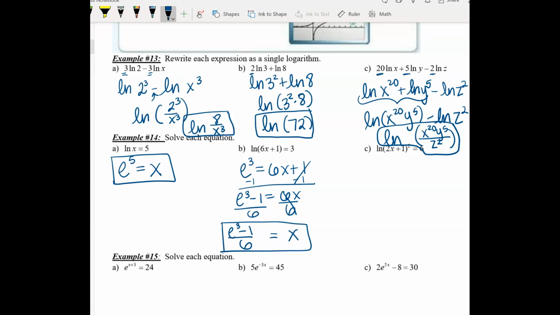And then lastly, in part C, I would have e to the 6th equals 2x plus 1 squared. I would then square root this, giving me plus or minus e to the 3rd equals 2x plus 1. I would subtract 1. And divide by 2.